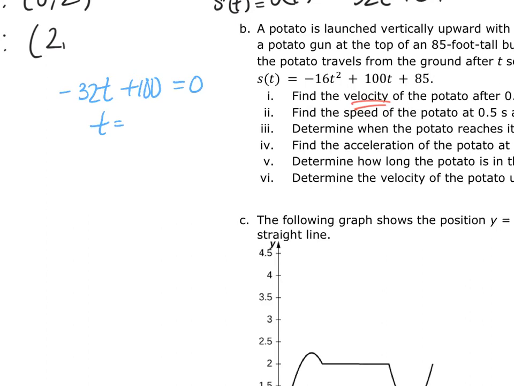Whatever 100 divided by 32 is. 3.125. So after 3.125 seconds, I have reached the maximum height. Oh, 125. Man, I am sketchy today. So after 3.125 seconds, I've reached max height.